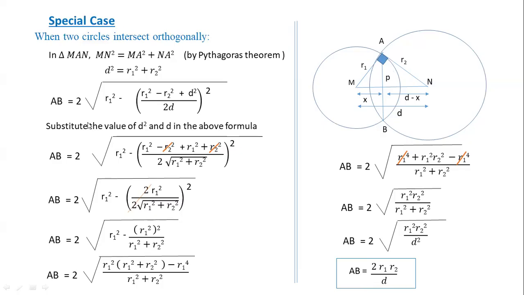If it is not perpendicular, then the earlier formula is applicable for all types of circles, when the circles are of different radii and the radii are not perpendicular to each other. If it becomes perpendicular, the thing gets simplified in this form.